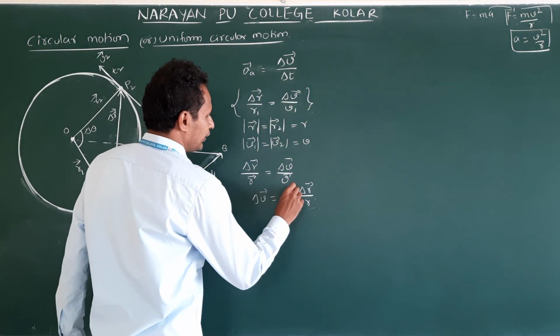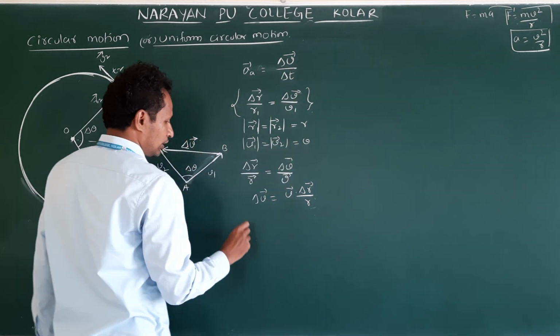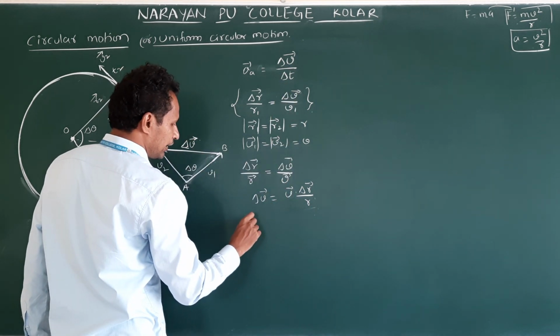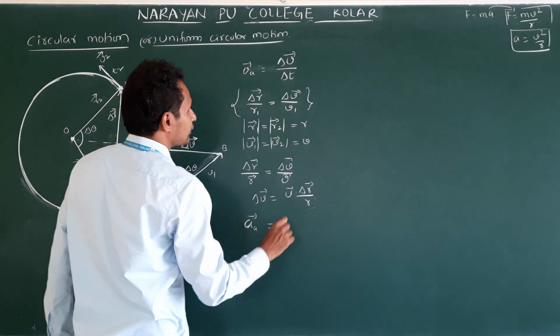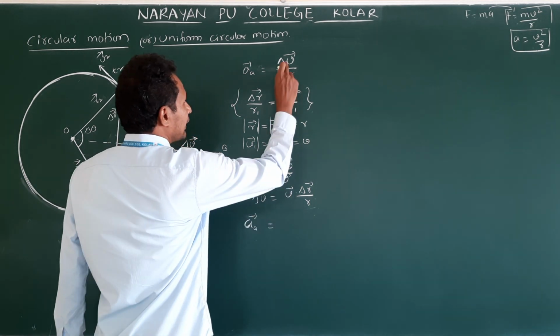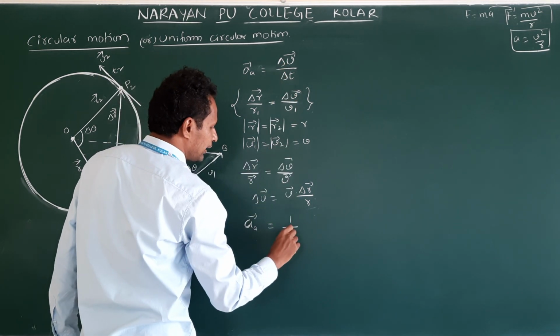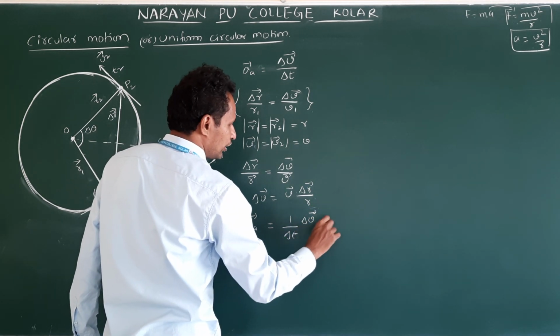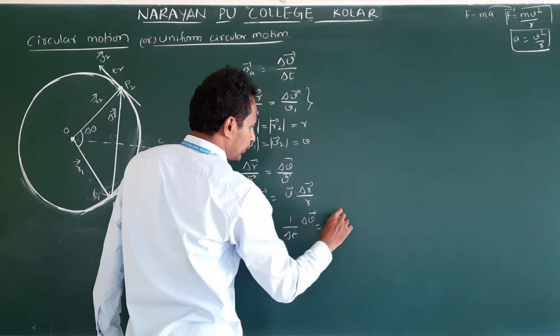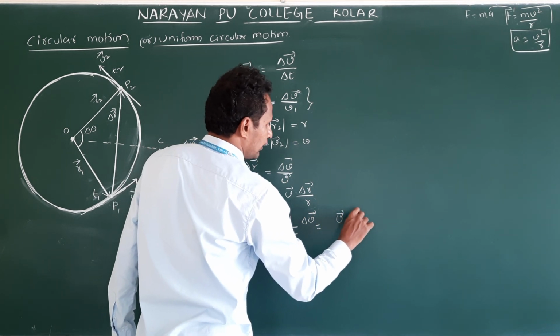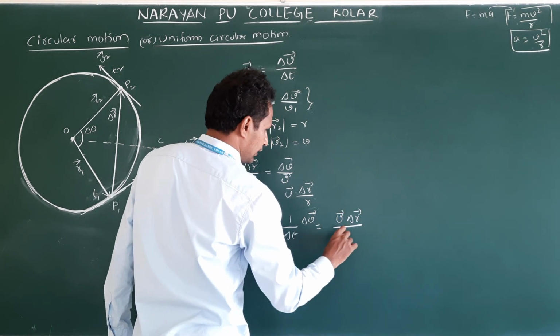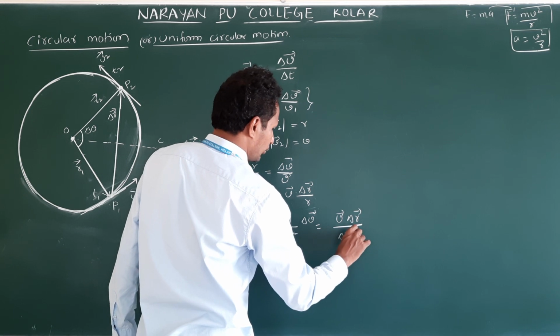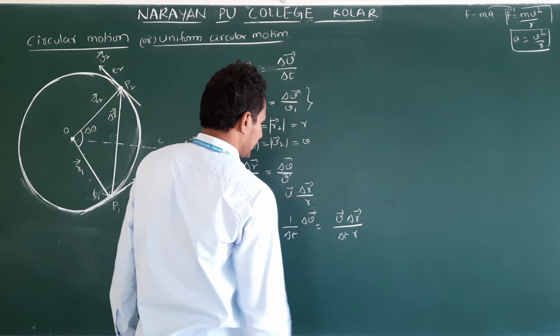And this delta V we substitute here. The average acceleration A is equal to 1 by delta T into delta V, and delta V is V delta R by R, so A is V delta R by delta T into R. Am I correct?